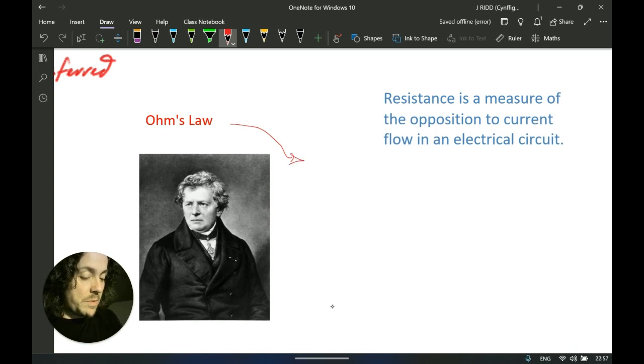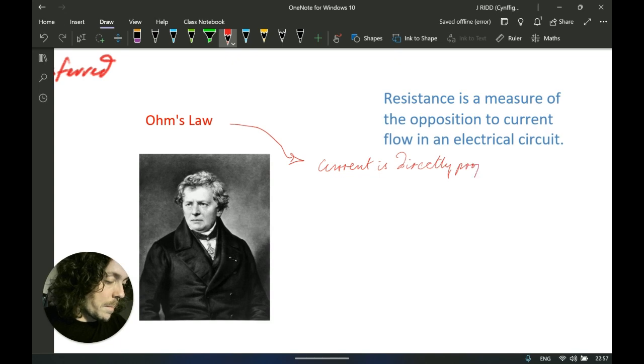Now, Ohm's law simply states that current is directly proportional to resistance at constant temp, okay? That bit's important.